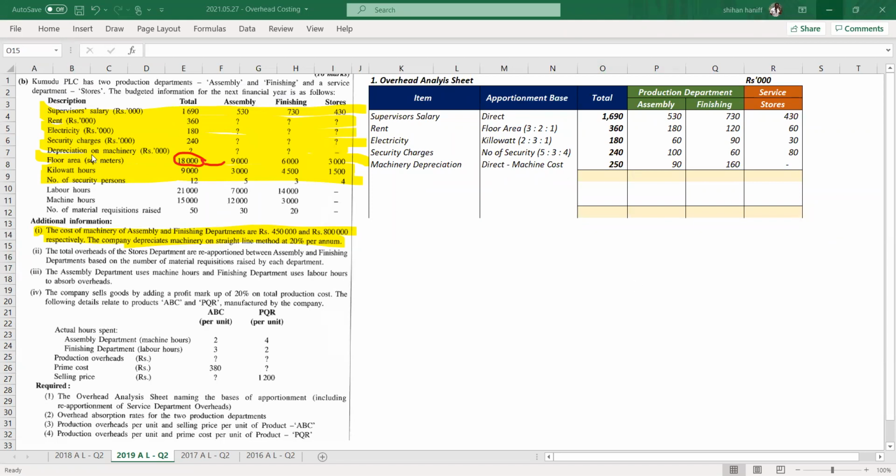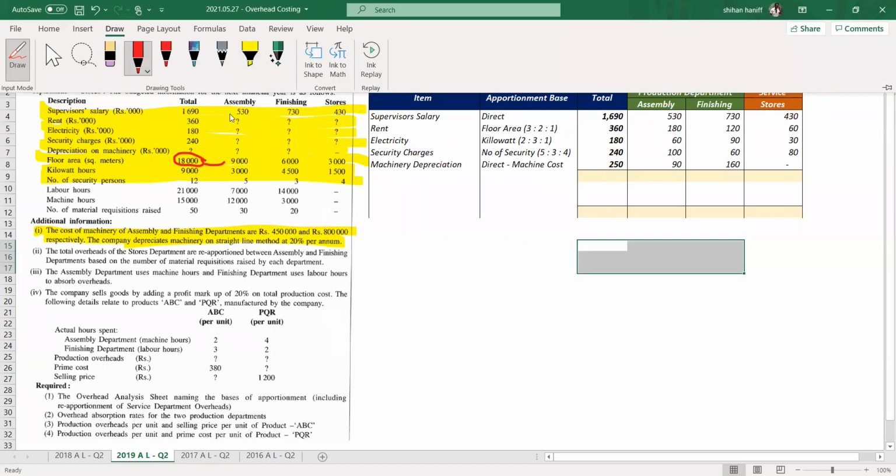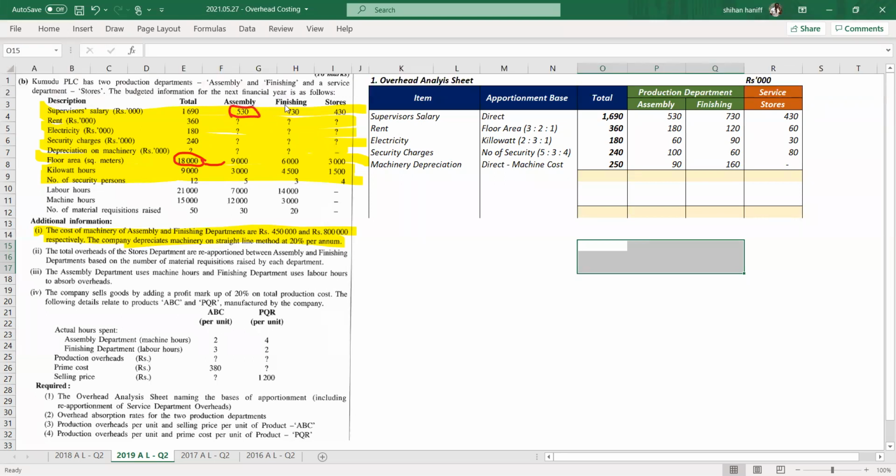Yes. If they have separately given the expenses relevant for each department, like for example the supervisor's amount separately given, 9, 530, 730, 430, it is direct.